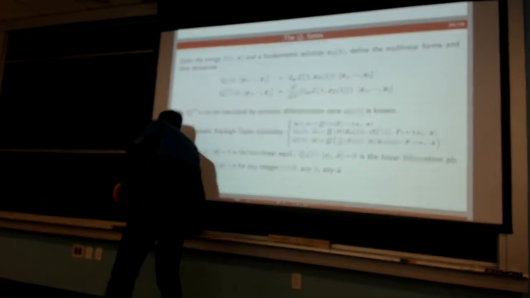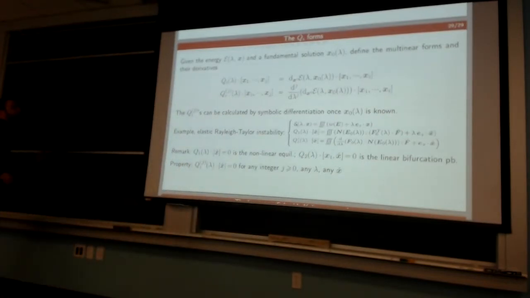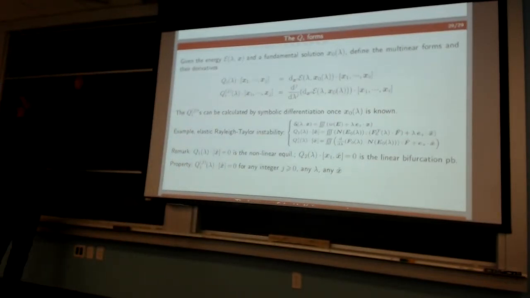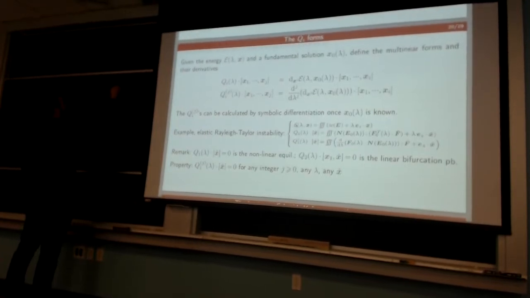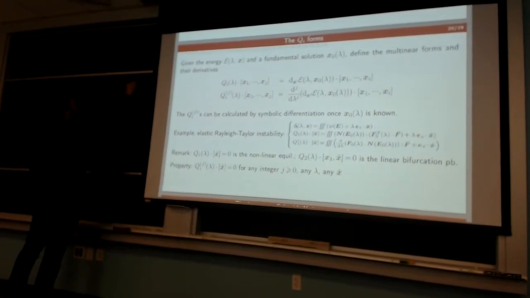So the quantities Q_j I'm defining here are obtained by taking the energy, then the j-th variation of the energy, and that has to be a multilinear form with respect to some increments which are called x1 to xj.